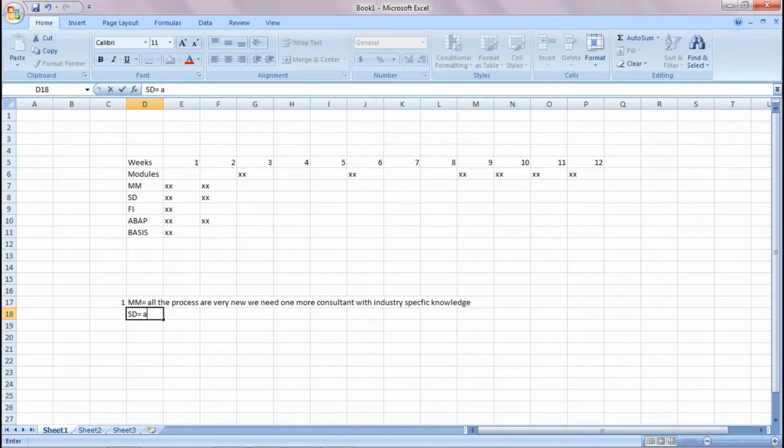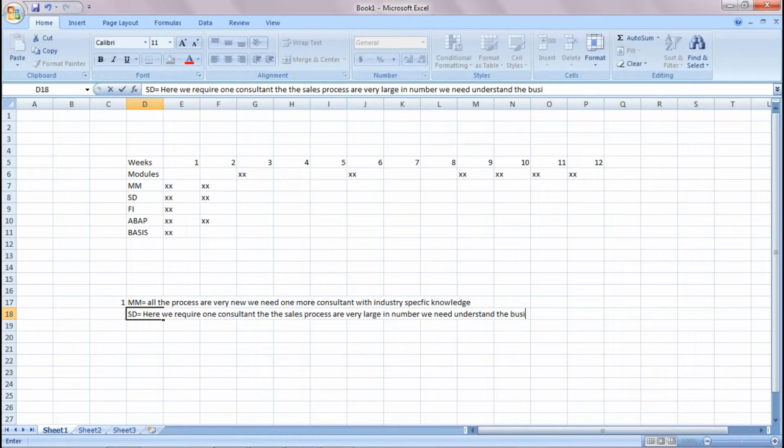SD says, we require one more consultant because the processes are very large in number.